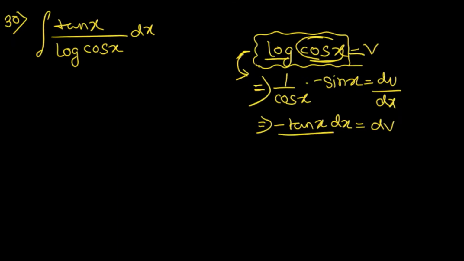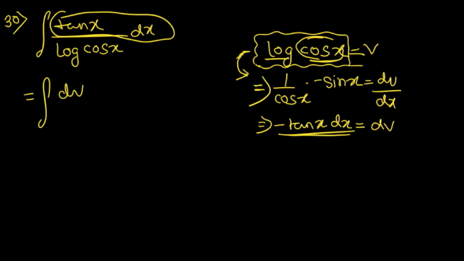This term is very similar to the numerator, so we are left with the integration of dv with a minus sign, so minus dv. Log cos x we are taking as v, so we get minus log v, this is the answer.